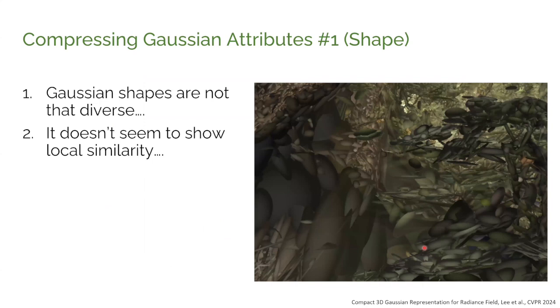So that was the number of Gaussians, and as I said, each Gaussian has a lot of attributes. So we need to be able to compress those attributes. The first one is about the shape. And here is a visualization when you train the Gaussians. If you look at the Gaussian distribution, we initially thought that there is not much locality we can take advantage of.